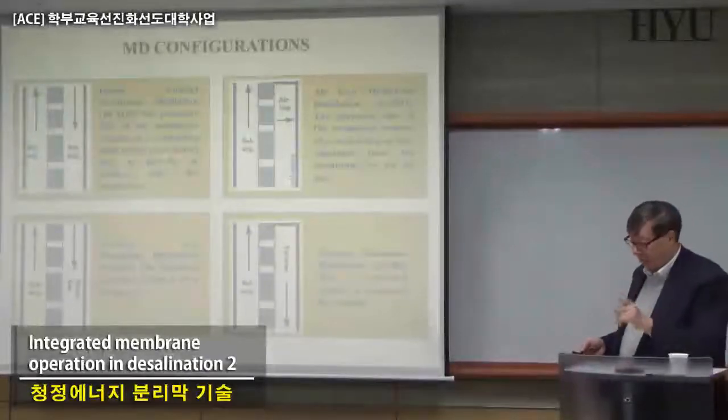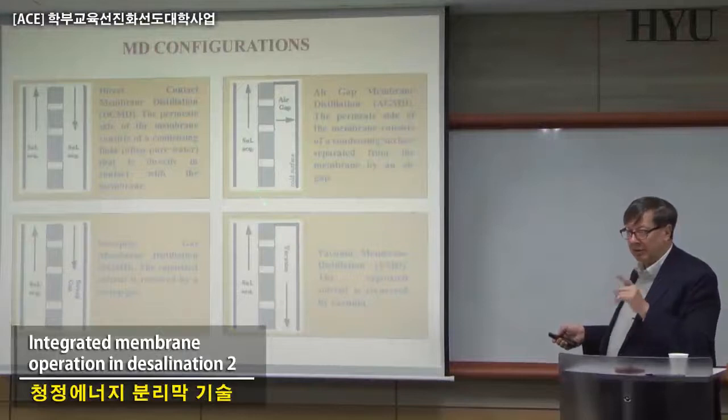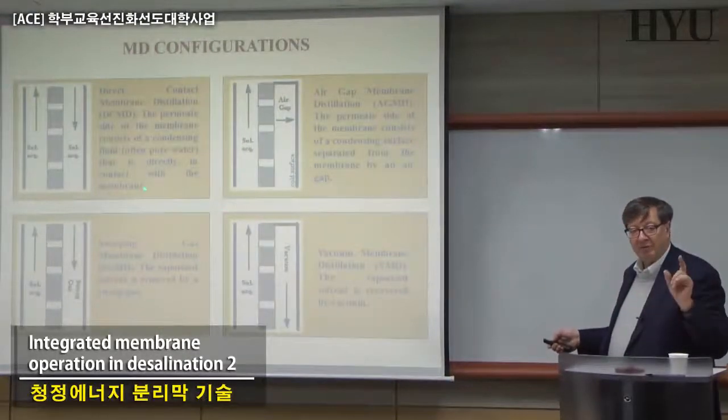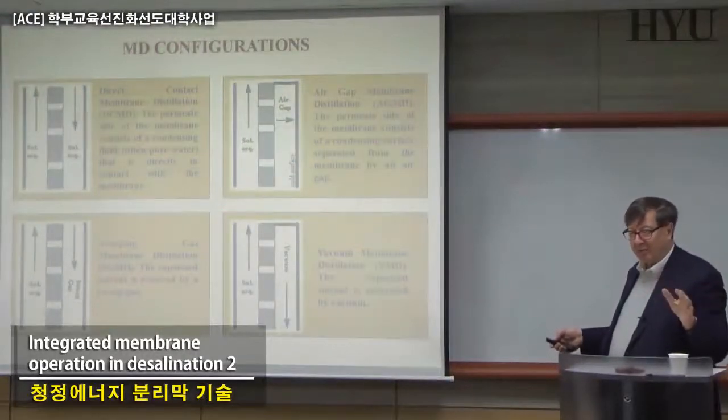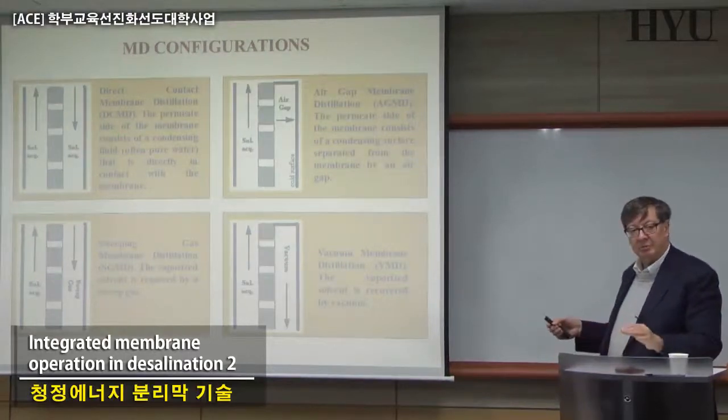A lot of work remains, because the real problem is that we have a lot of benefits in principle, but still today about 50% of the energy you are utilizing in the system is lost.